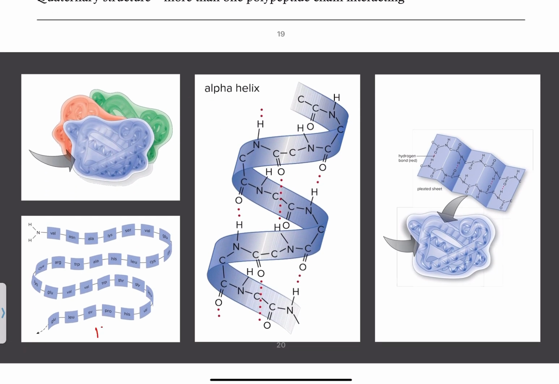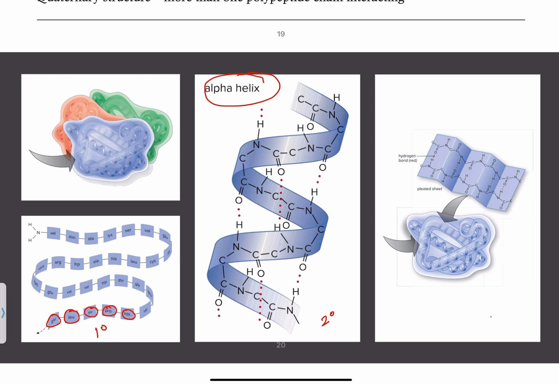This is our primary structure here, which is just a linear sequence of amino acids. We can see the abbreviations for each amino acid here, and they're just being linked together. When we start folding either into alpha helixes, which is shown next, or beta pleated sheets, this is going to represent the secondary structure.